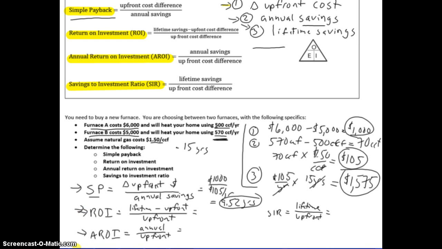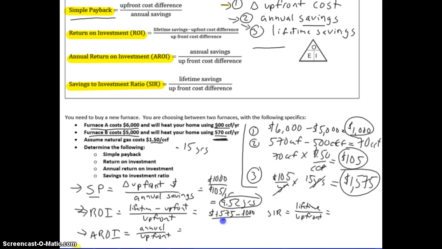Return on investment is just your lifetime savings minus your upfront cost difference, divided by your upfront cost difference. So my lifetime savings are 1,575 minus upfront, which is 1,000.